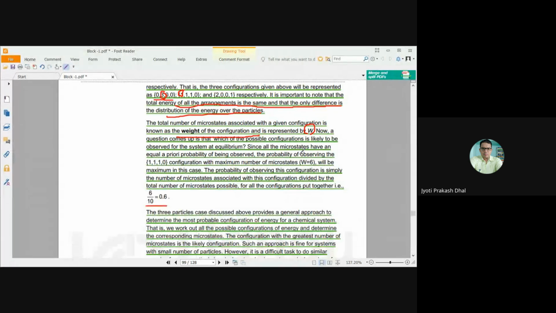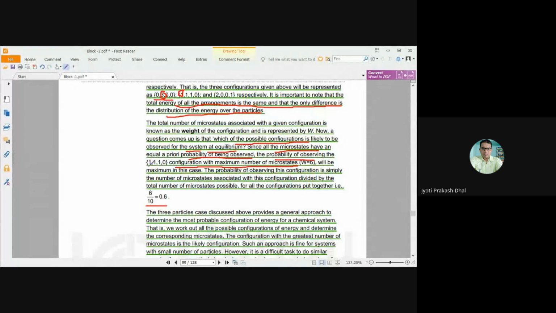So now a question comes: which of the possible configurations is likely to be observed in the system at equilibrium, since all the microstates have an equal a priori probability of being observed? The configuration observed is the 1, 1, 1, 0 configuration with the maximum number of microstates.